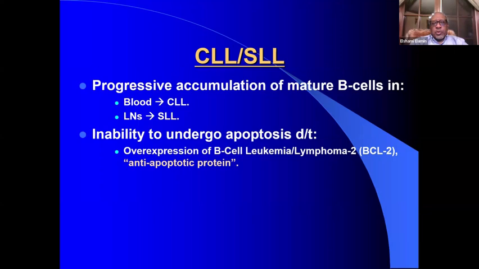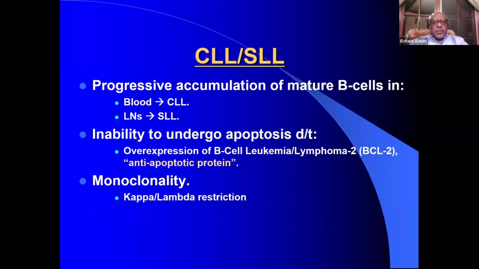You can think of it as those cells do not know how to die, because those cells should die and new ones should come in. So the CLL or SLL disease means the lymphocytes lose the ability to die, they just persist and accumulate. Again, if the accumulation is in the blood, it is called CLL. If it's accumulation in the lymph nodes, SLL, and it is the same disease.